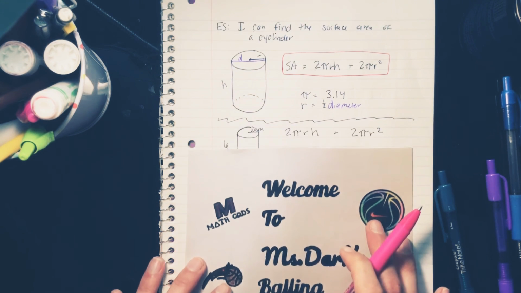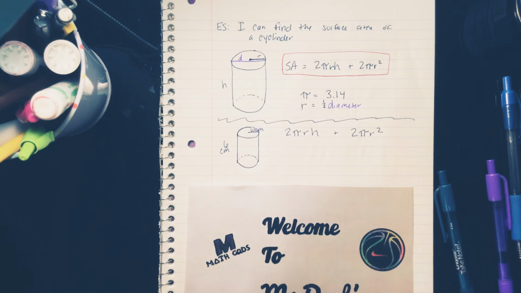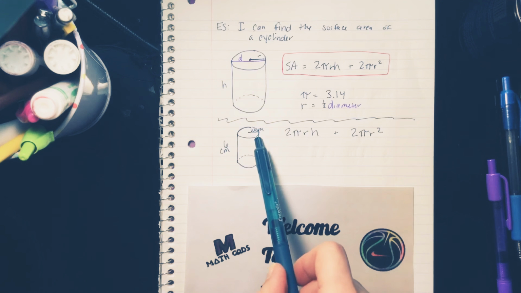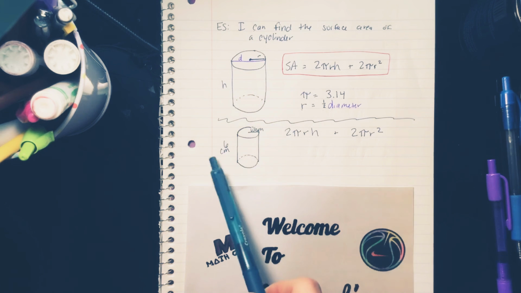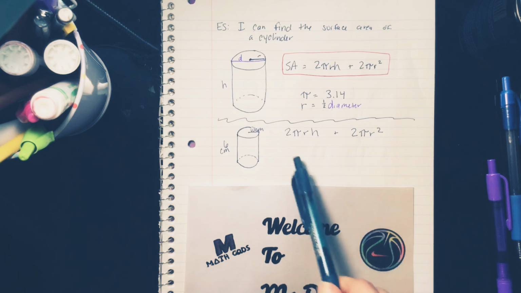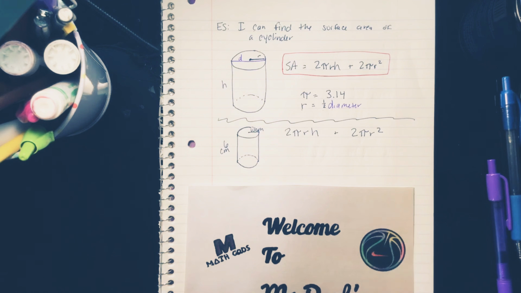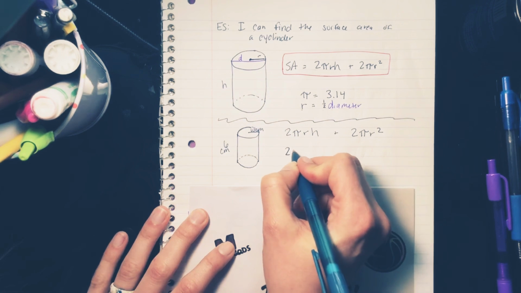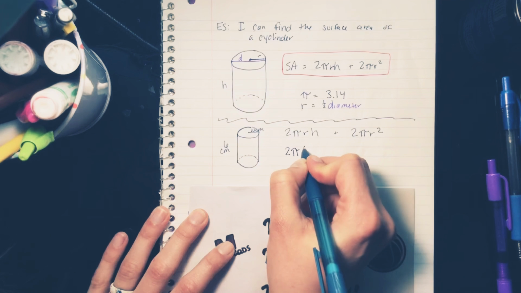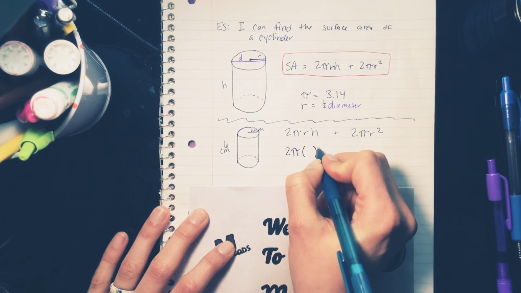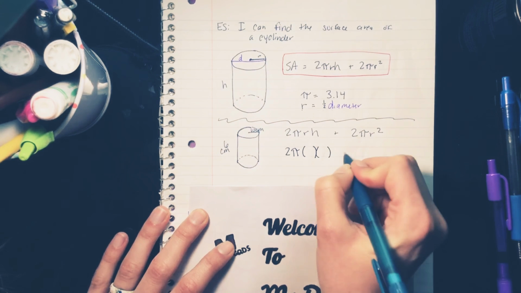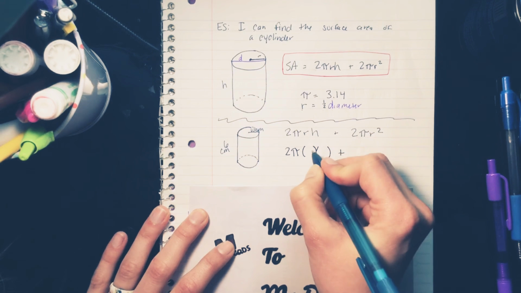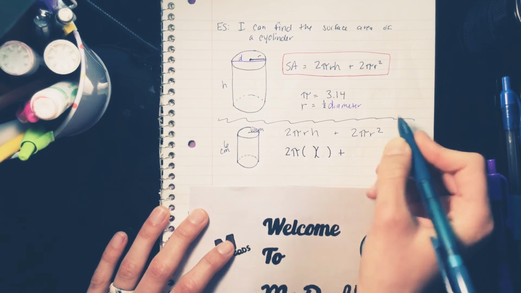So let's get started. Our first problem, we have a cylinder with a radius of 10 and a height of 6. I wrote the formula that we are going to use right above here. They already give us 2 and pi, and I'm going to put parentheses around the things we need to fill in. We need to fill in what our radius is, and what the height is.